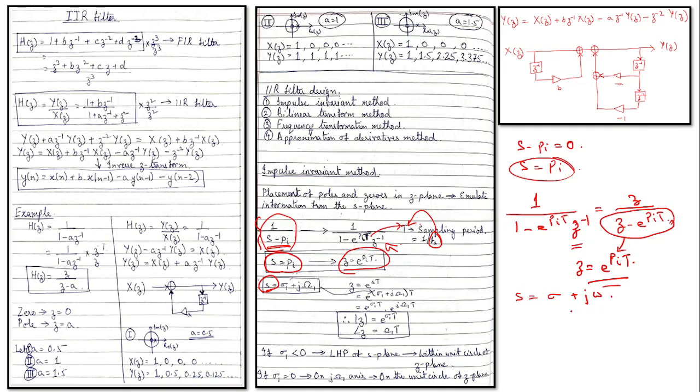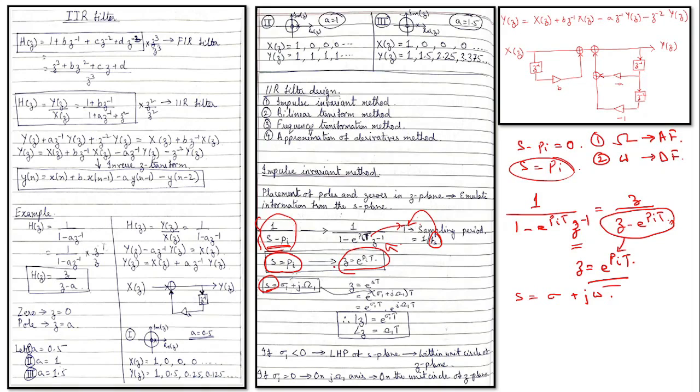Okay. However, while discussing the designing of the digital filter, I told you that herein we will be discussing about two frequencies. Okay. So we will represent the frequency omega, the first one, for the analog frequency, and the second omega would be for the digital frequency.